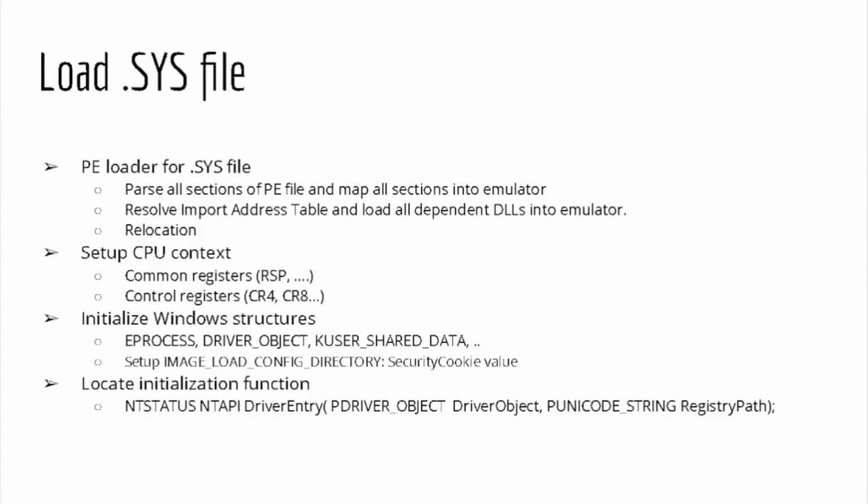The third step is initializing some important structures such as the driver object and process, and the last one I prepare is the driver entry. It is the first driver callback and is used to initialize the driver.